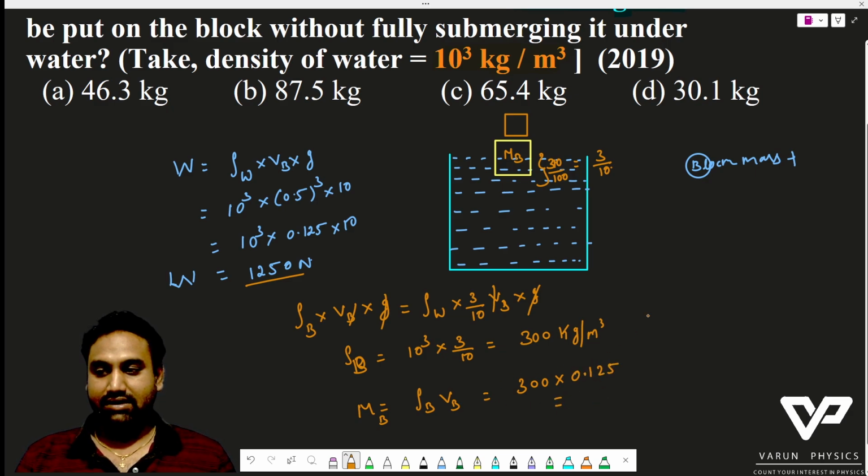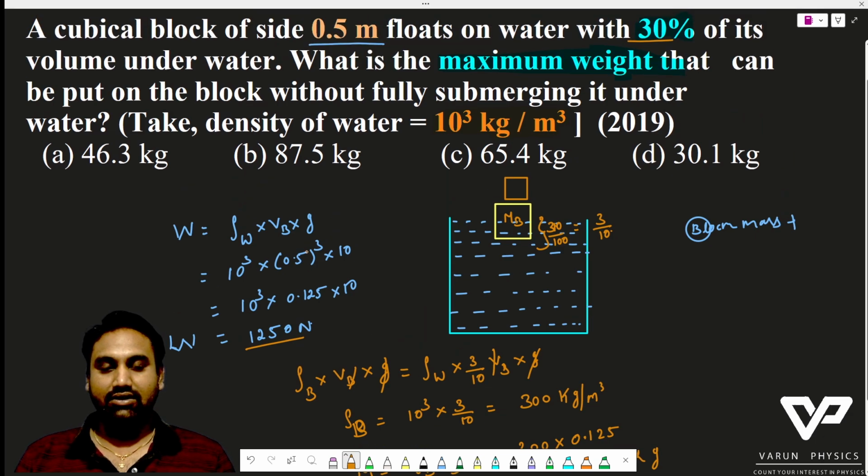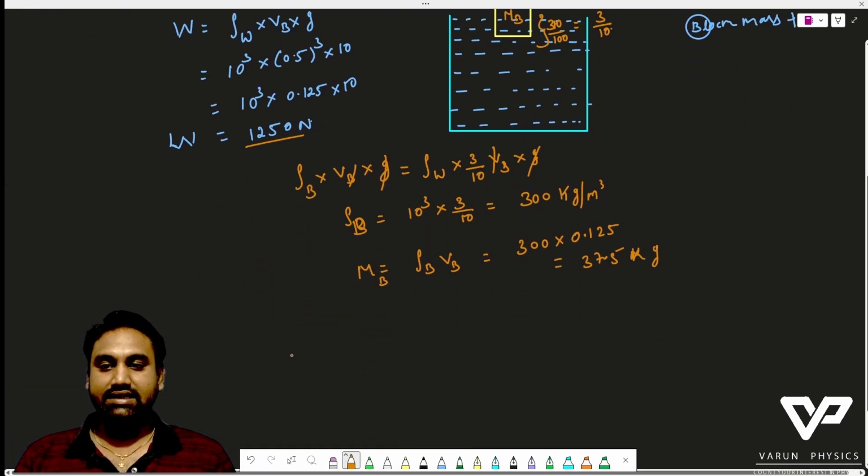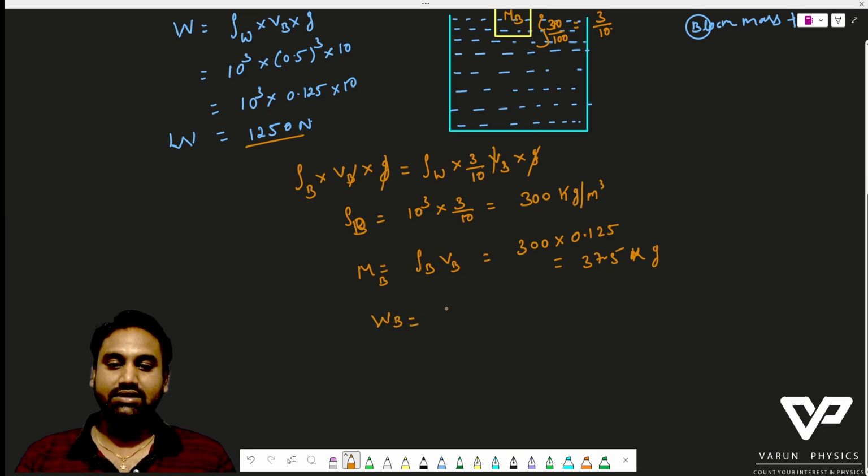On simplifying this, we have approximately 37.5 kg. Since it is mg that is the force, and he is asking for the extra weight only, the weight of the block, purely the block, is 375 Newtons.